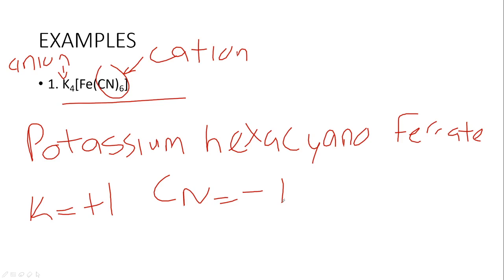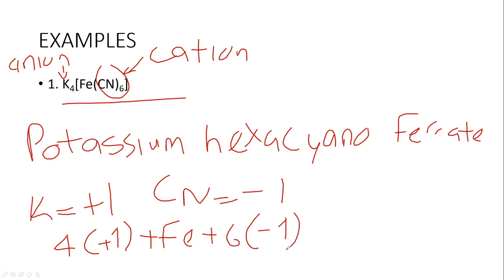So I can say 4 times +1, plus Fe, since we're looking for iron, plus 6 times -1, is equal to 0.